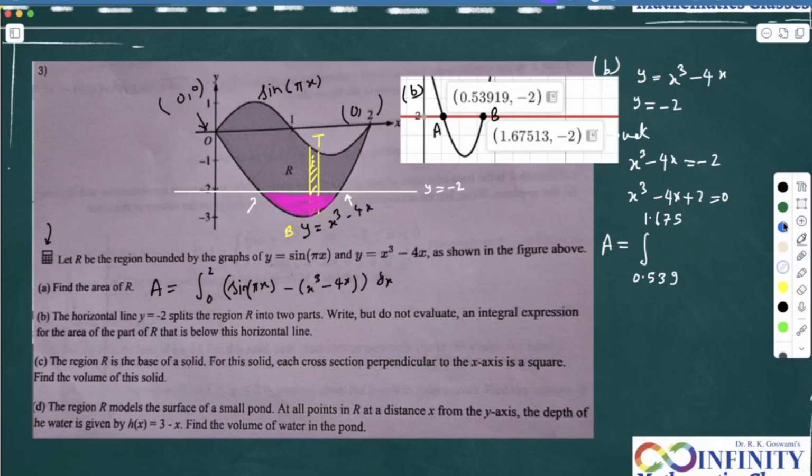If you take a vertical strip at this point, the top is going to be a horizontal line, which is minus 2, and the bottom is going to be the cubic curve, which is x cube minus 4x, dx. You can make use of your calculator to evaluate this expression. Is it okay? Yes. Okay, and likewise, you can just try C and D parts like we did before.